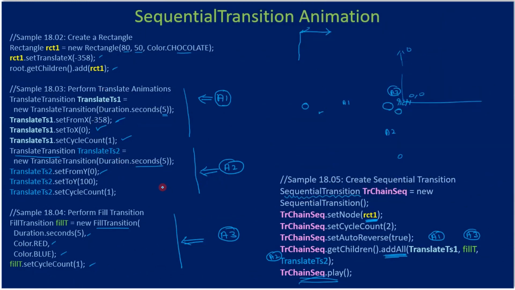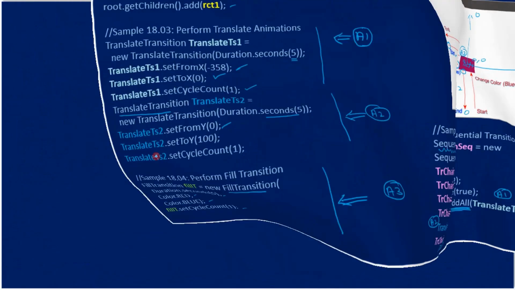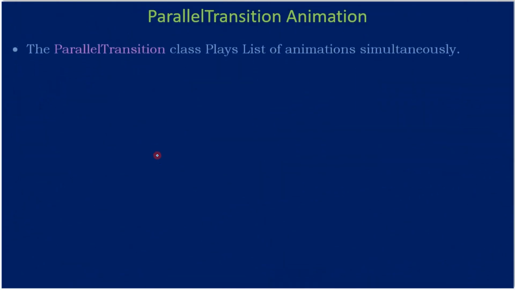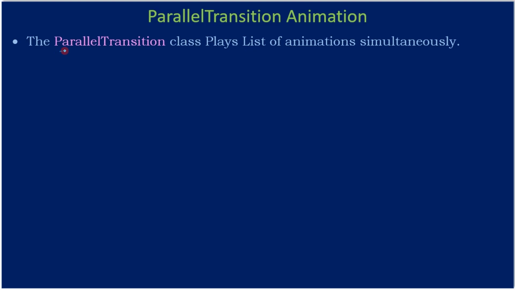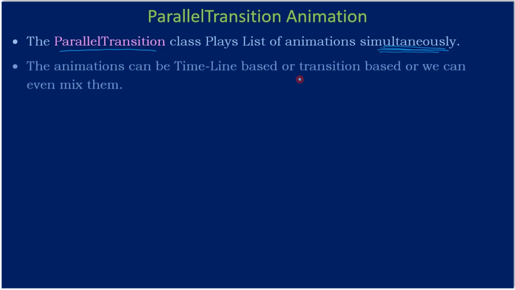We will use the same animation classes for our present example. So parallel transition class plays a list of animations simultaneously. The sequential transition class will play the list of animation sequentially, but this specific class, parallel transition, will play the animation simultaneously.